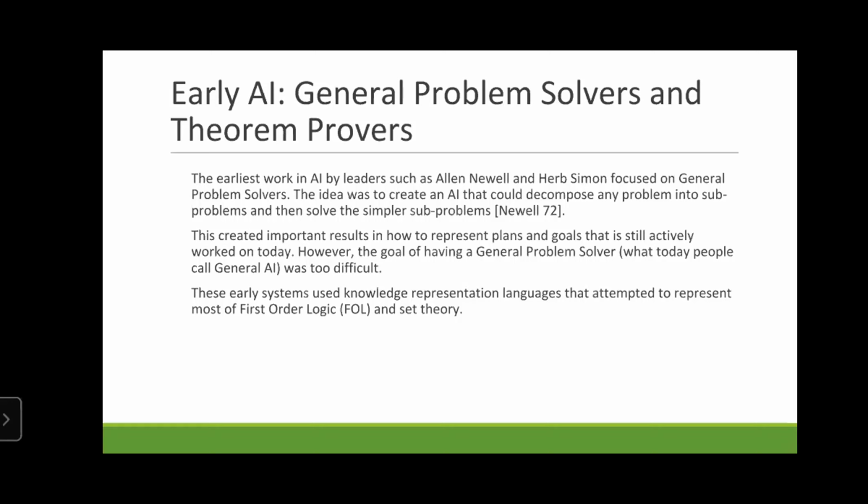And the knowledge representation used for these general problem solvers were theorem provers that were very close to being implementations of first-order logic. Now, there were a lot of really good results from Newell and Simon's work that are still used to this day.